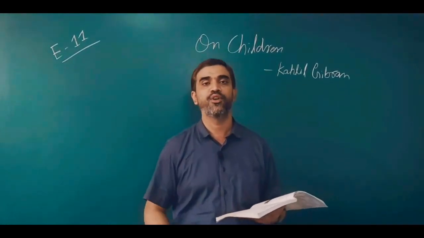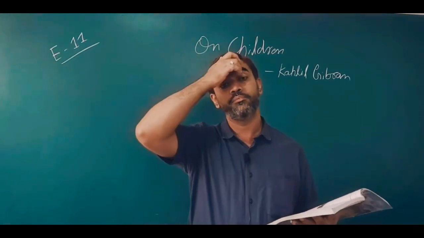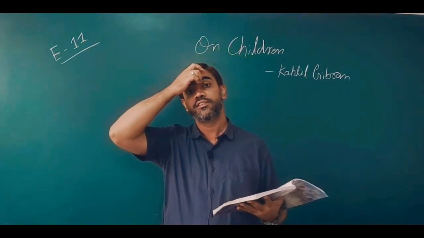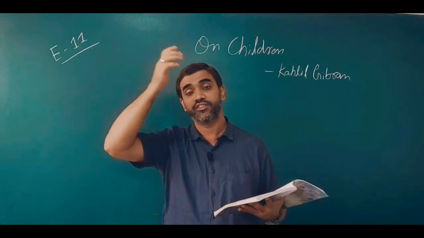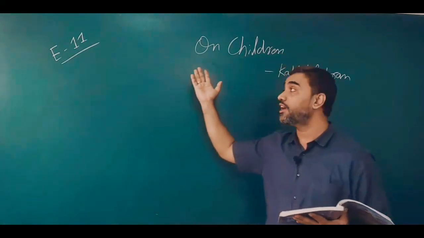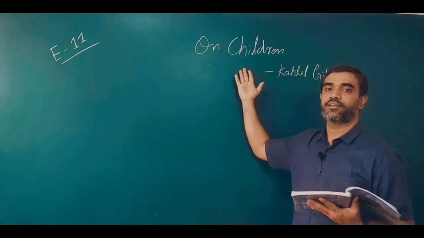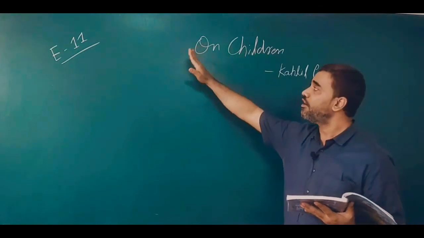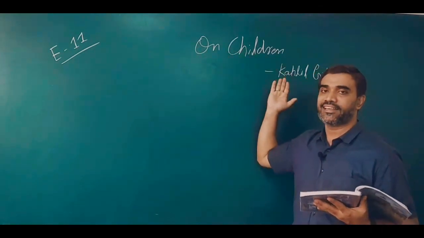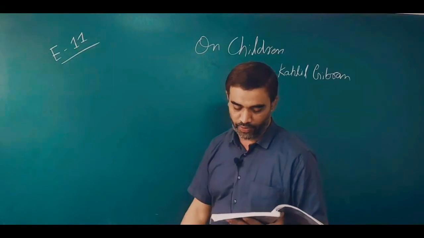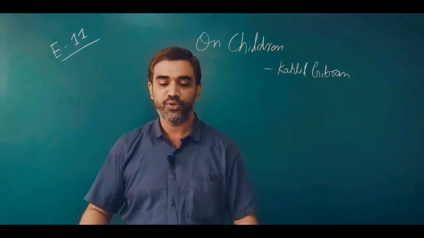So, this poem is all about expectations from the parents on their children. Can you understand now? On Children, expectations of parents on their children. Maybe you can understand it in that way. And urges them to introspect.